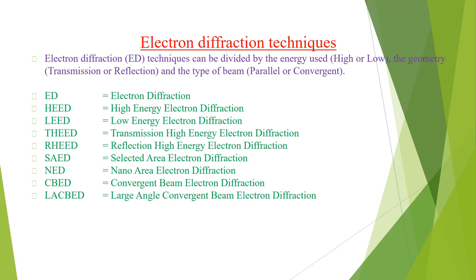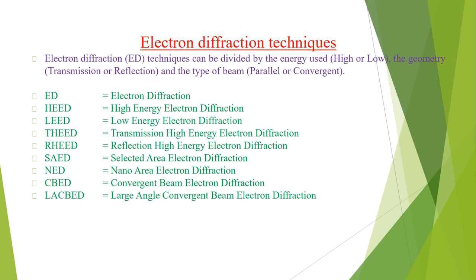ED means electron diffraction. HEED is abbreviated as high energy electron diffraction. LEED, low energy electron diffraction. THEED, transmission high energy electron diffraction. And RHEED stands for reflection high energy electron diffraction.